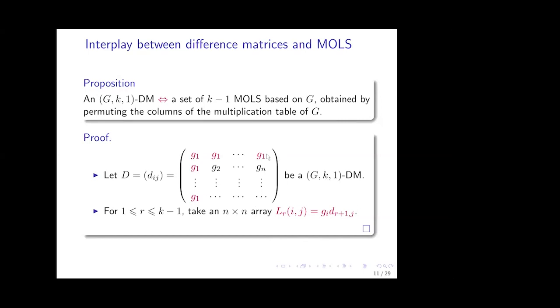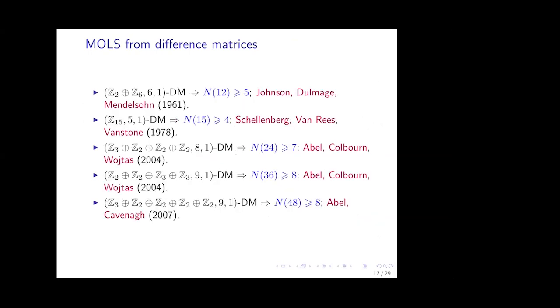Anyway, I believe you have the idea of the relationship. This simple proposition shows that if we want to construct mutually orthogonal Latin squares, then we can first try to construct a difference matrix.